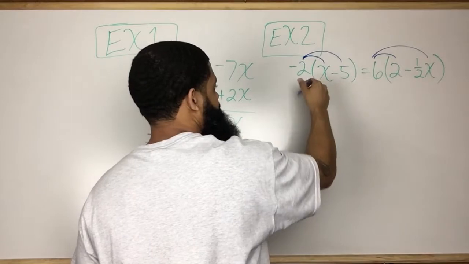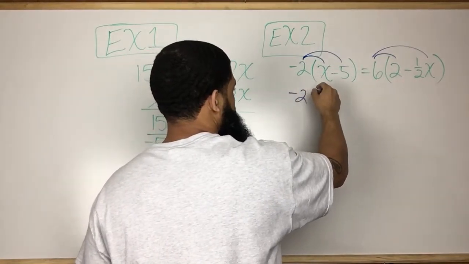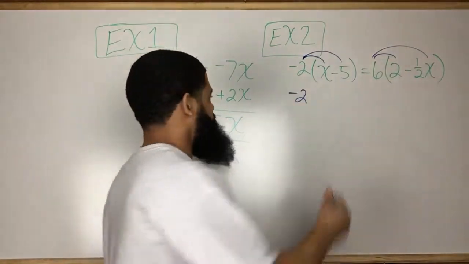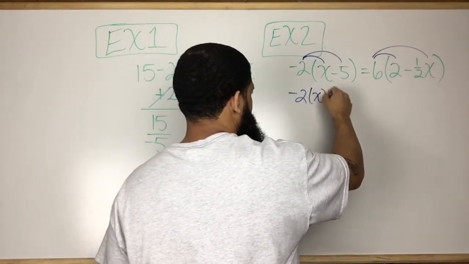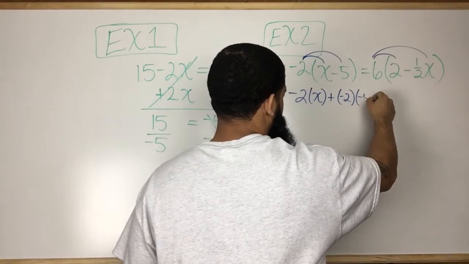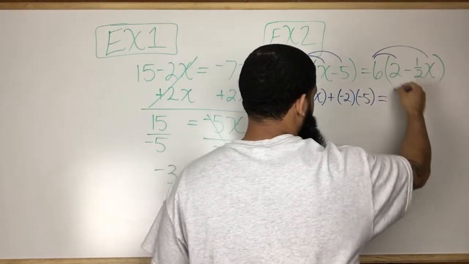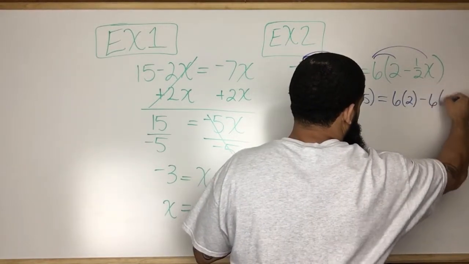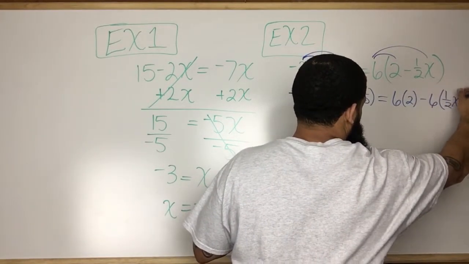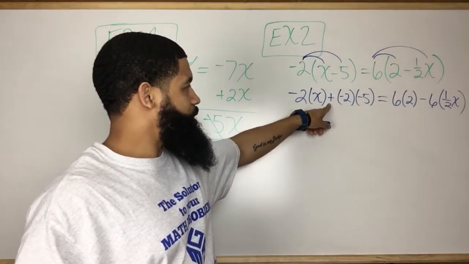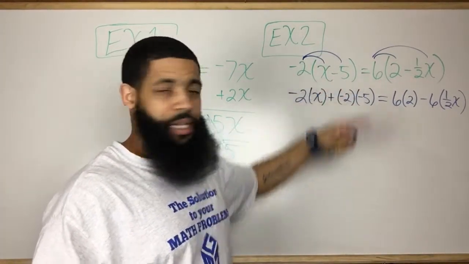Okay, negative 2 times x is negative 2x. Let's take the long route. I don't want to assume anybody knows. So there, and then plus negative 2 times negative 5, and that equals 6 times 2, and then minus 6 times 1/2 x. Right here, notice I put plus negative 2 times negative 5.